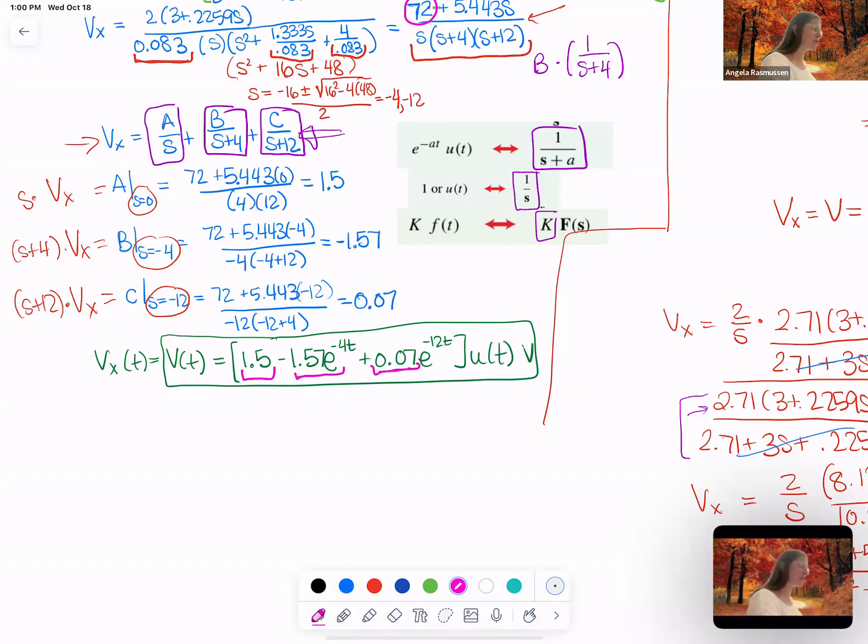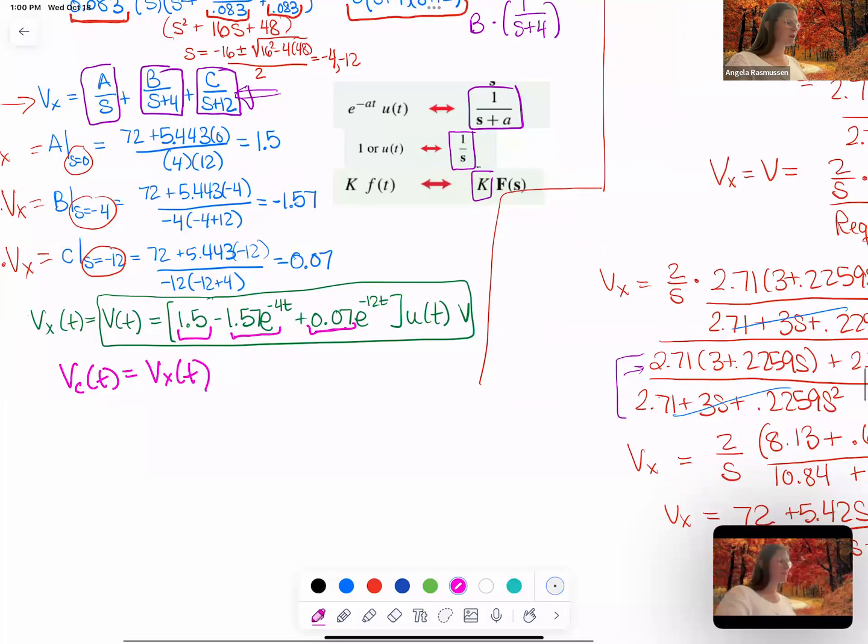And then the third term will just be e to the minus 12t. So that gives me my voltage equation. And note that Vx of t was your Vc of t, which was what you're trying to solve.